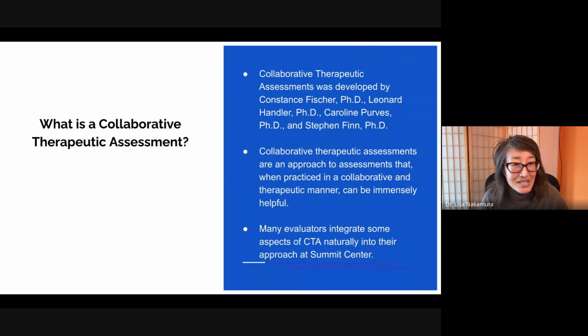What I would say about the people who developed the CTA model is that there's an intentionality behind it, and thoughtfulness at each level, both at the initial consultation and throughout the assessment process with either a child, a youth, or an adult.